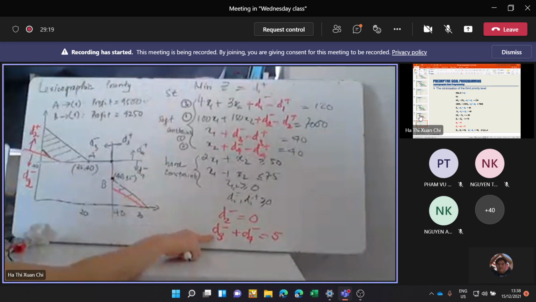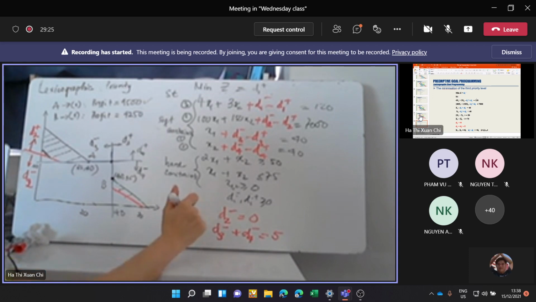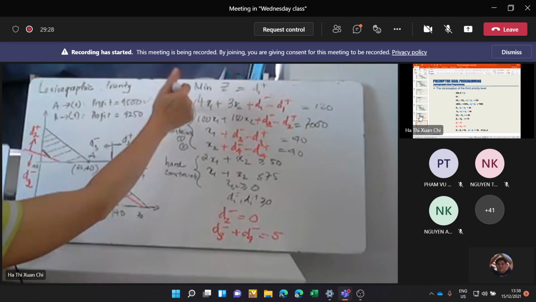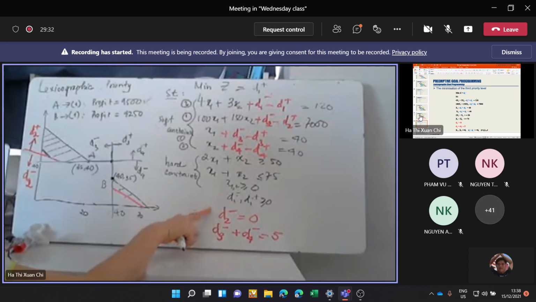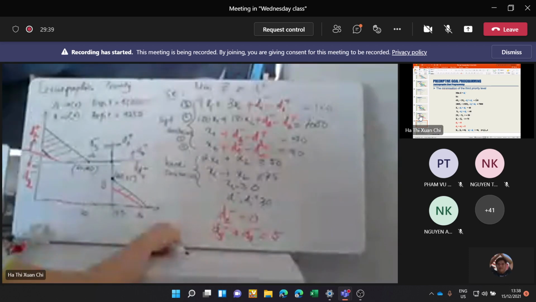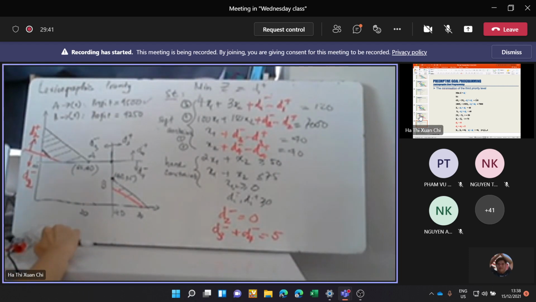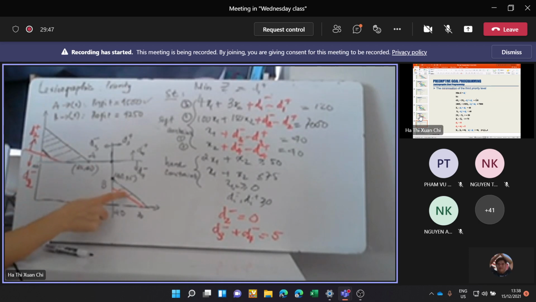So we should add D3 minus plus D4 minus equal 5 to include the constraint here, subject to, and we have two more variables. So right now we solve the problem. The feasible region is just this part and this part, right? You just have two parts here.